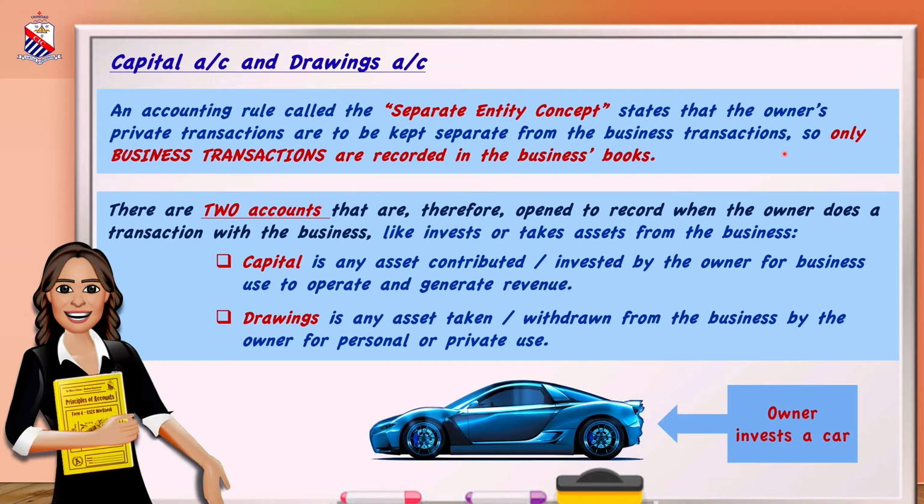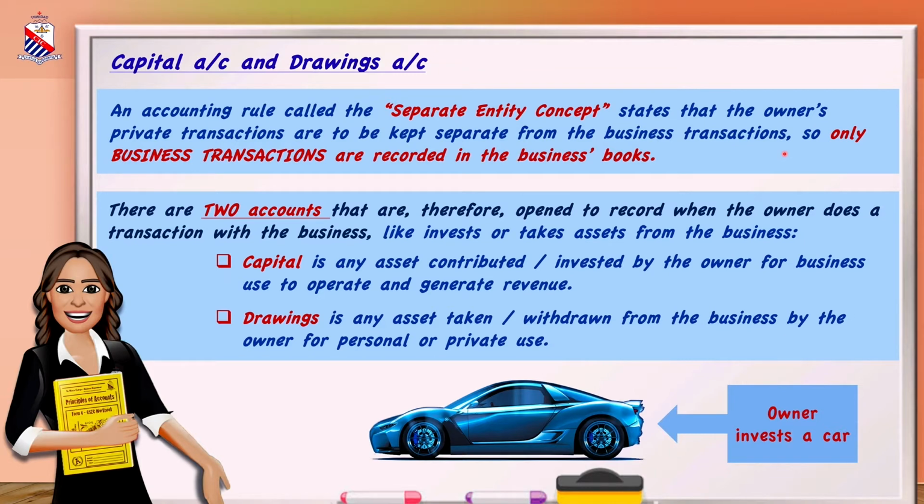Okay, so in this case, let's use an example. The owner has invested a car in the business, meaning that the owner would have taken his own personal or private car and decided to contribute it to the business for business use. So he is now going to use it for business purposes. Remember, once again, treating private separate from business.